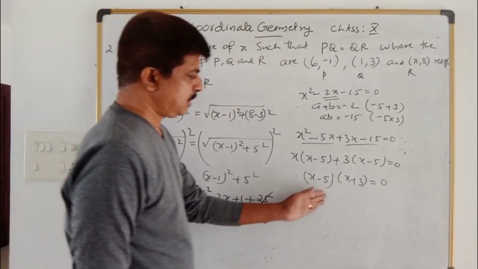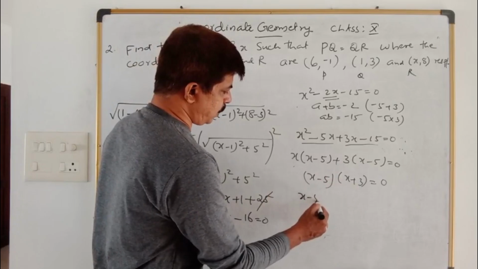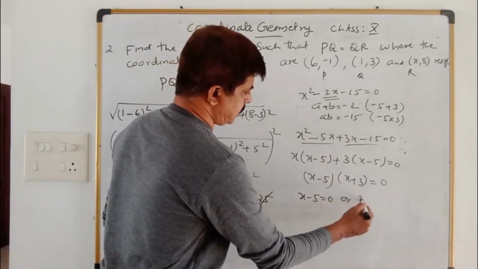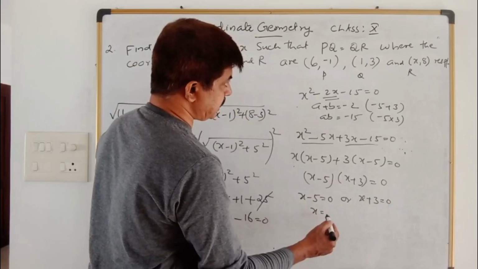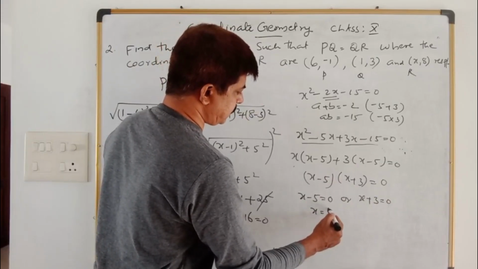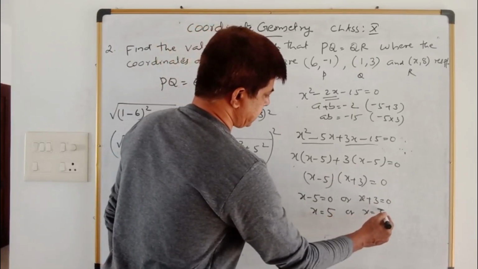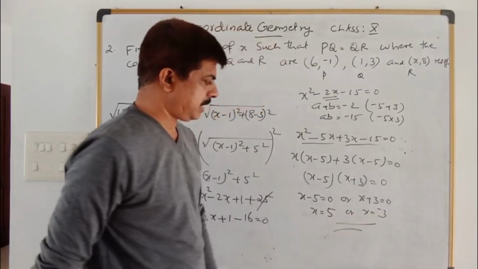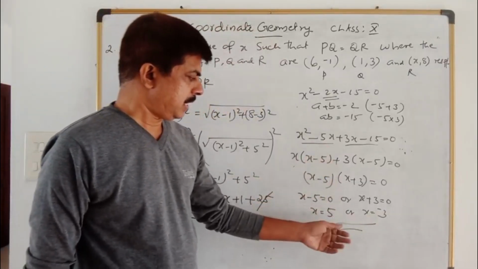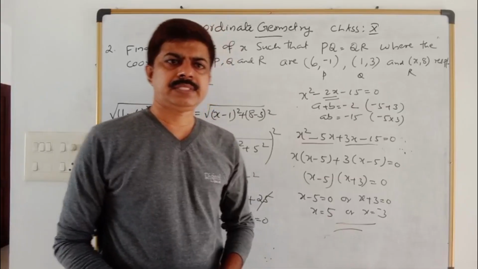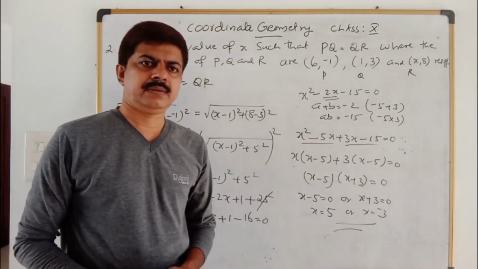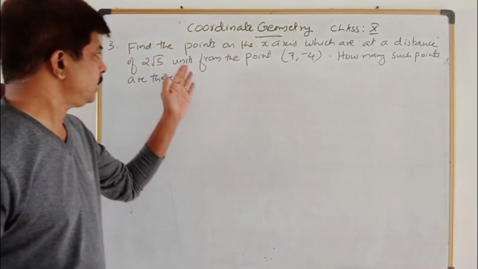Now we find the value of x: x minus 5 equal to 0 or x plus 3 equal to 0. So x is 5 or x is negative 3. This equation gives two values for x: one is x equal to 5 and the other is x equal to negative 3. Clear?